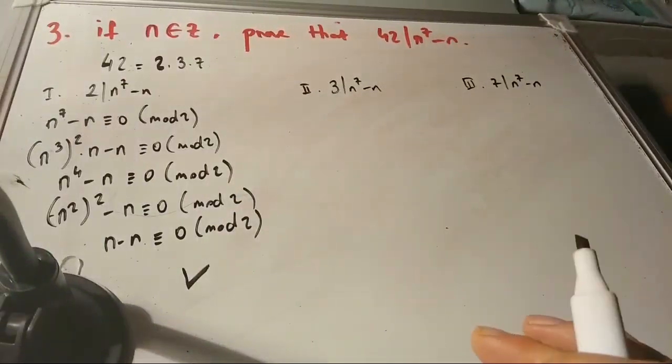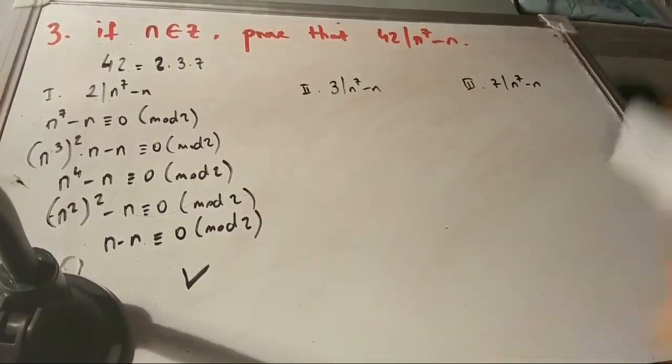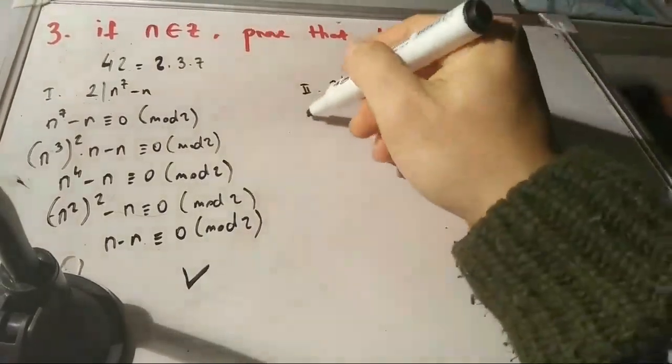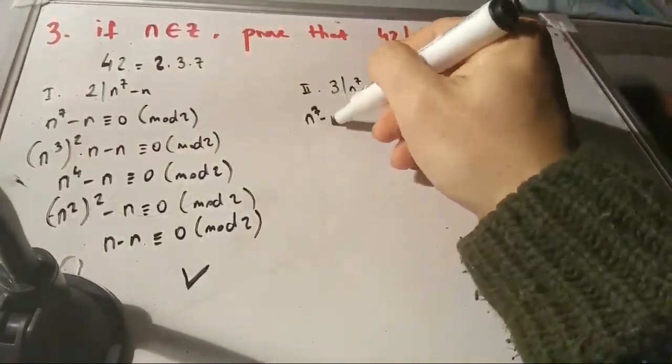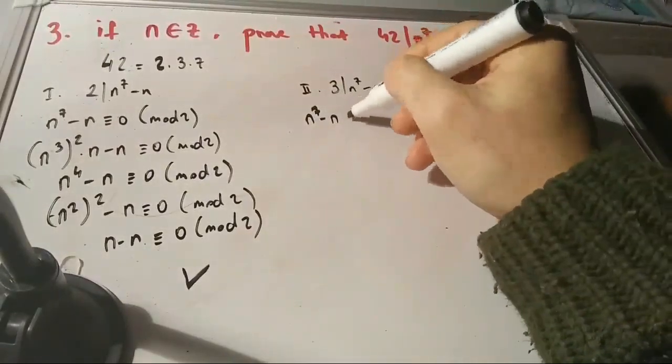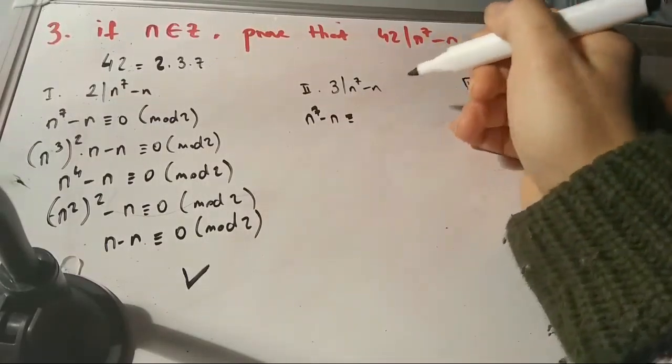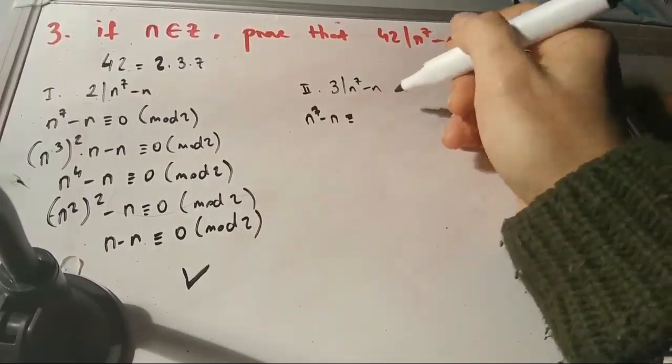So let's take a look at the second case. n to the power of 7 minus n is divisible by 3. So n to the power of 7 minus n is congruent to 0 in mod 3. Yes, we can also write n squared as n times n, you are right, no problem.